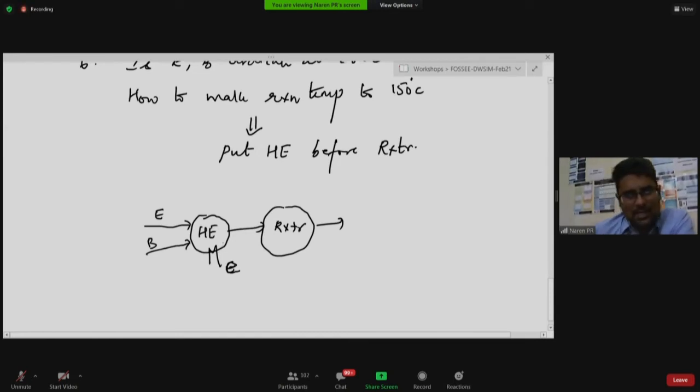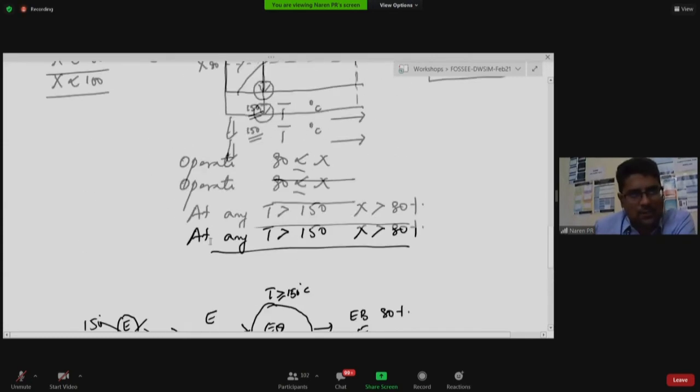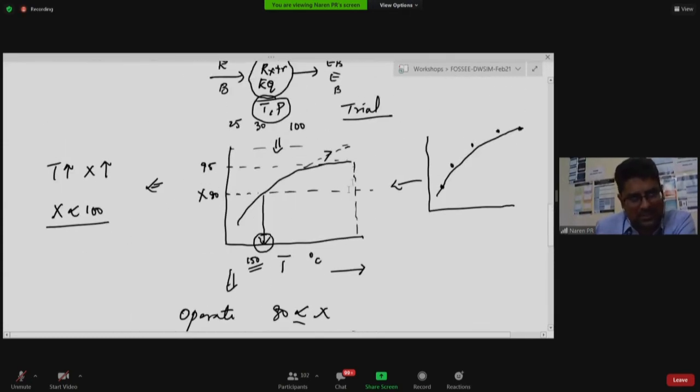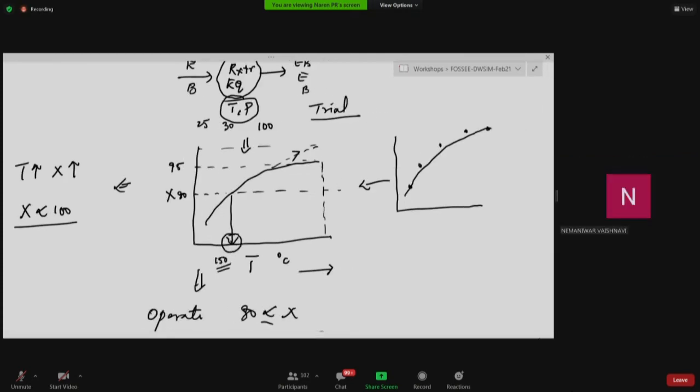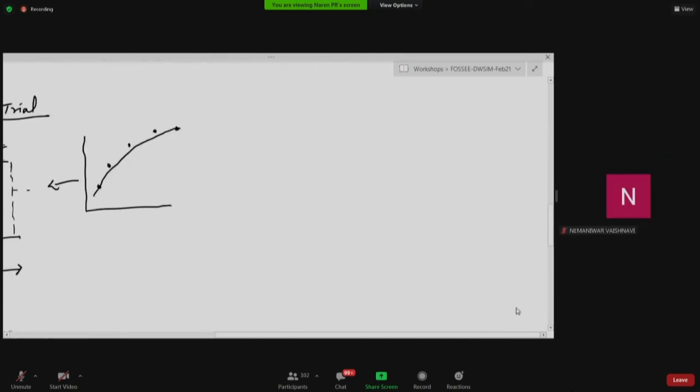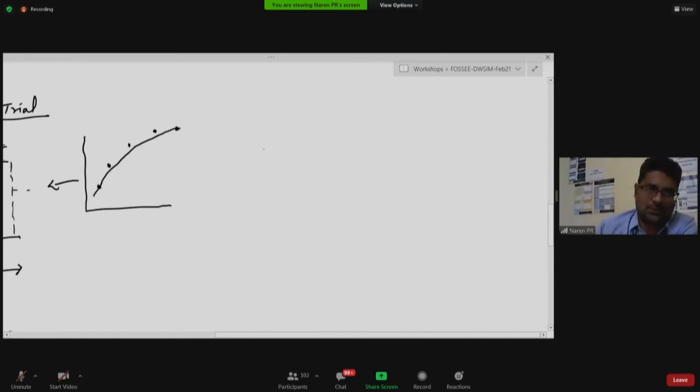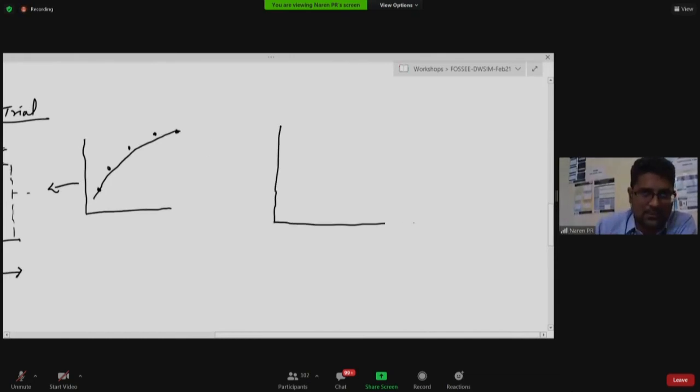By the way, similarly, can you do this for pressure? We can do it for pressure also, sir. So that means if you master DWSIM, or get accustomed to it, can you generate these kinds of plots?